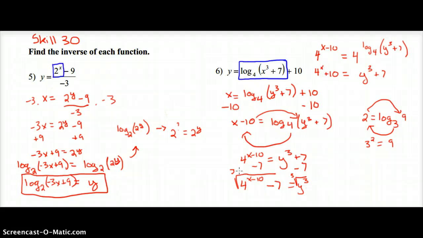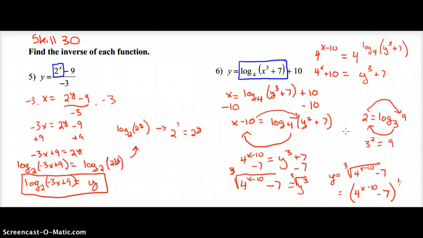My answer is y equals the cube root of 4 to the x minus 10, minus 7. Another way you might see this written would be the quantity 4 to the x minus 10, minus 7, all to the 1/3 power.